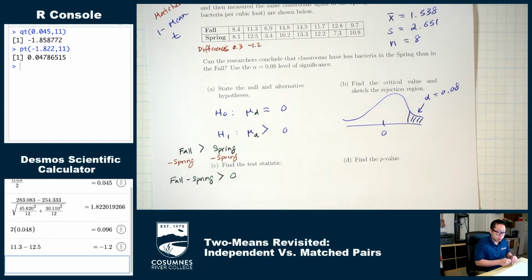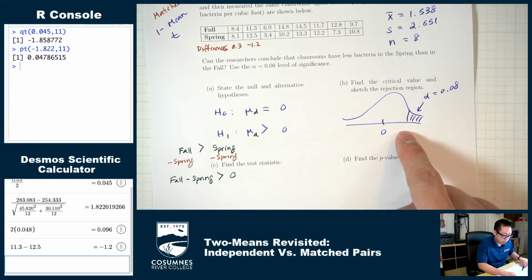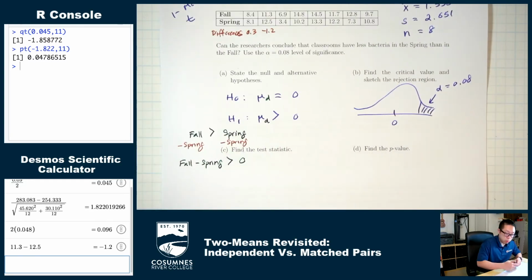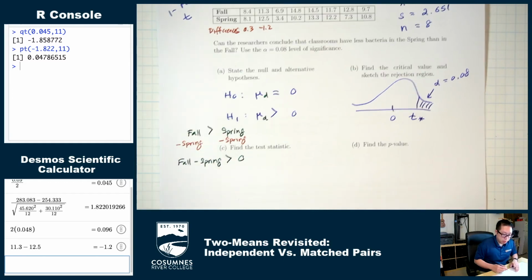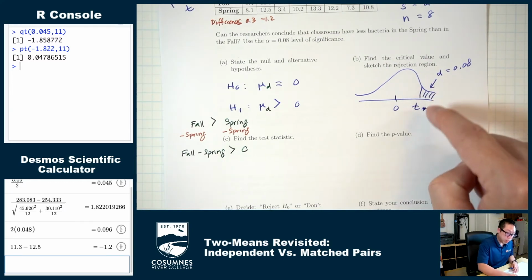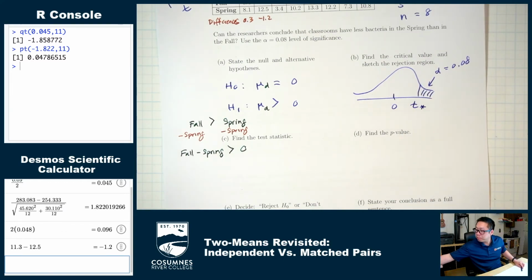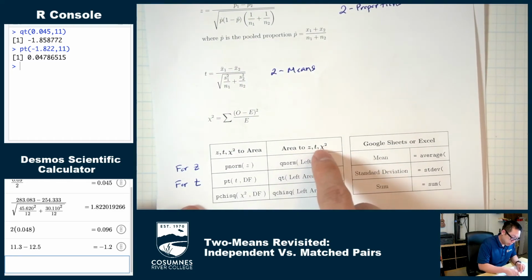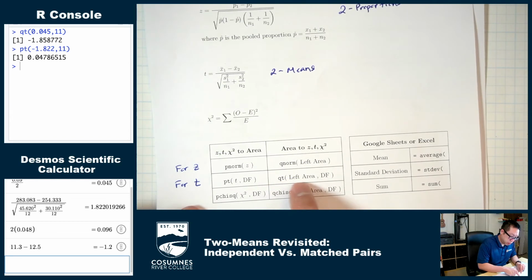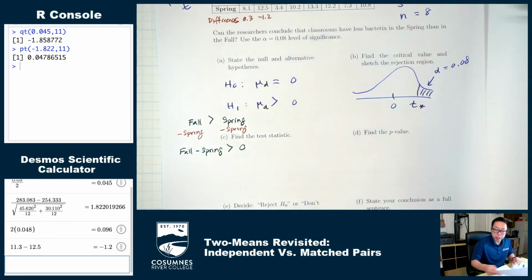And your job is to find either the Z star or T star. We're talking about means, so we'll be finding the T star. This is an area to T problem. For a T situation, it's a qt(left area, df). So qt.